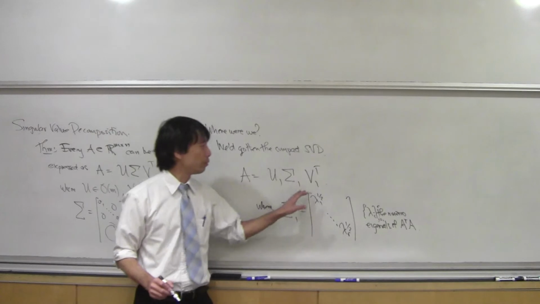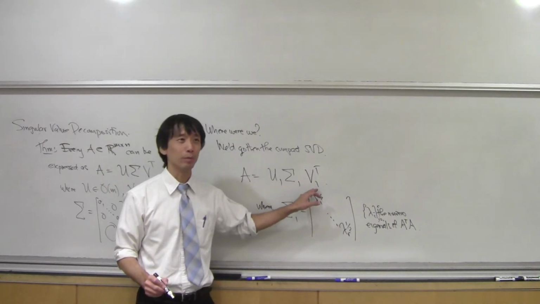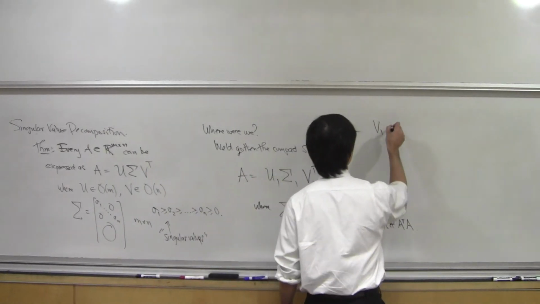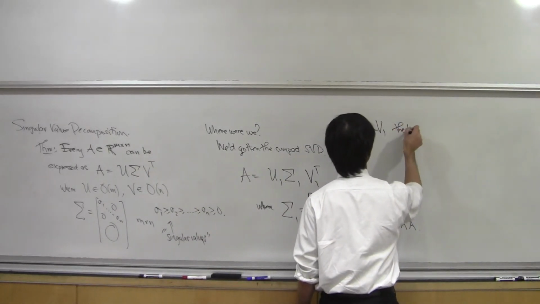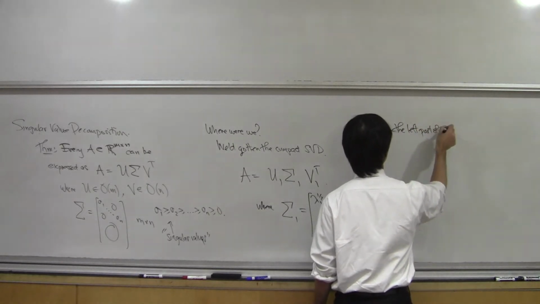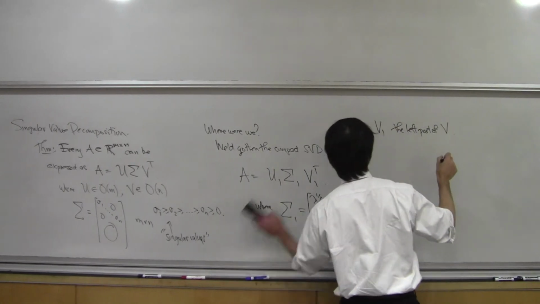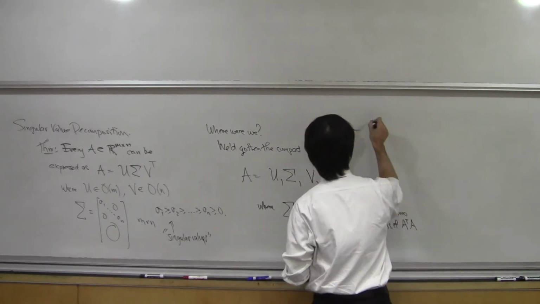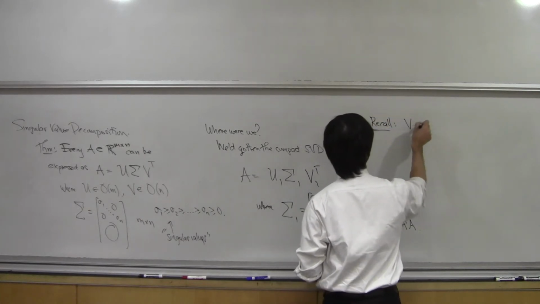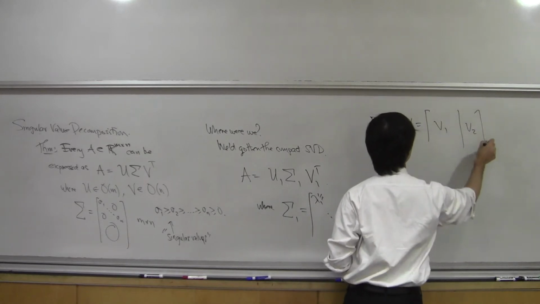And what was V1? Anybody remember what V1 was? V1 was the left part of V. Recall that we had this matrix V, and we split it into two parts, V1 and V2.